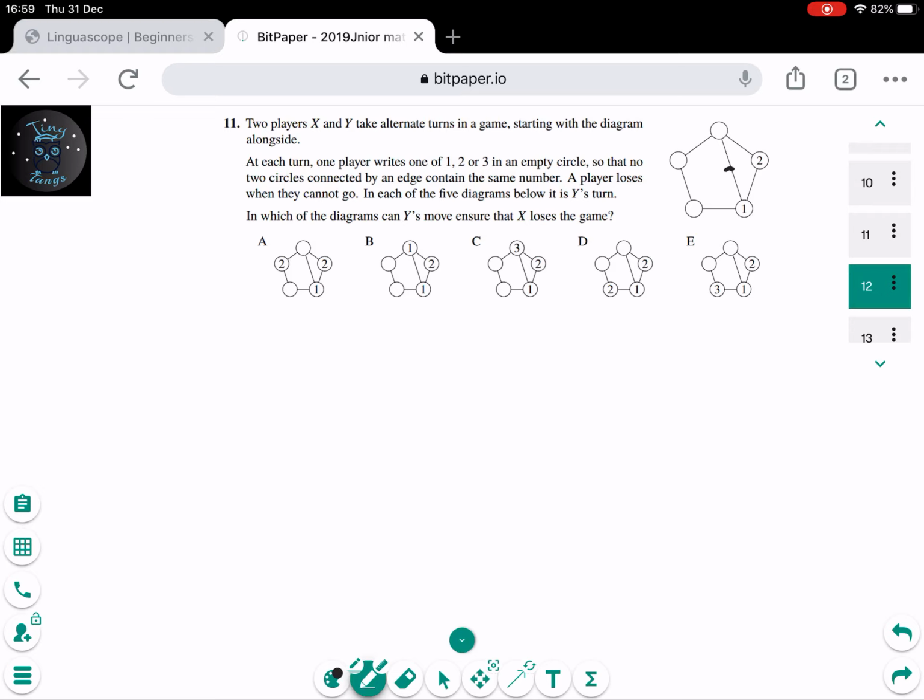So we need to find an option in which that space is left for X to put.